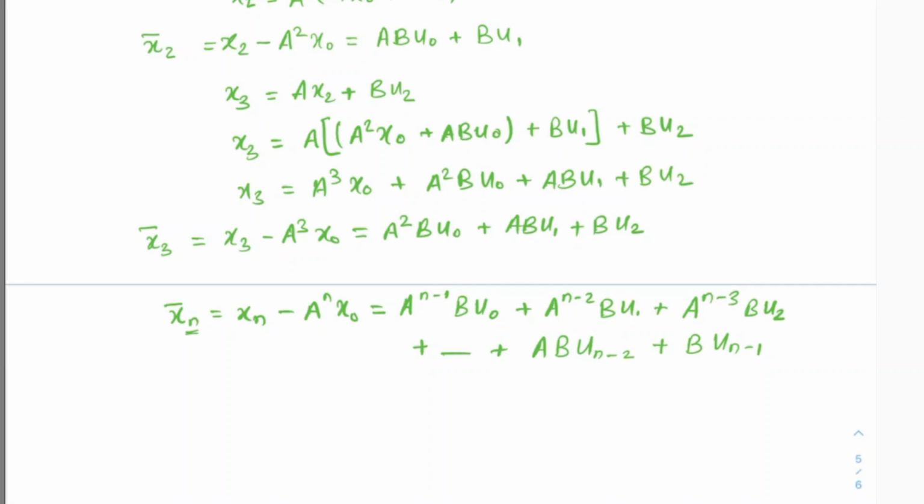Since we are going up to n, control inputs would be up to n minus 1.